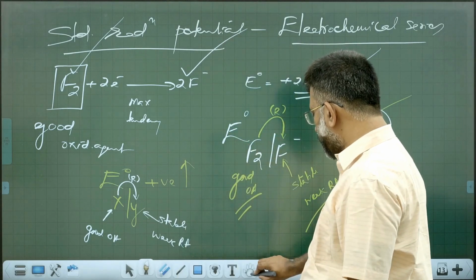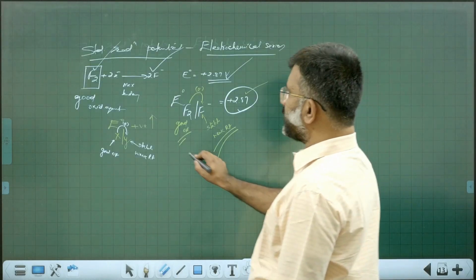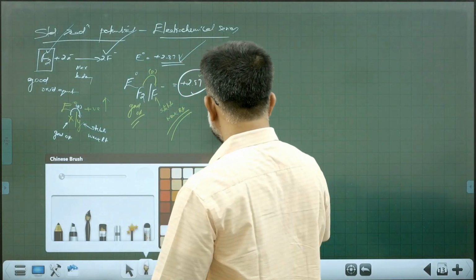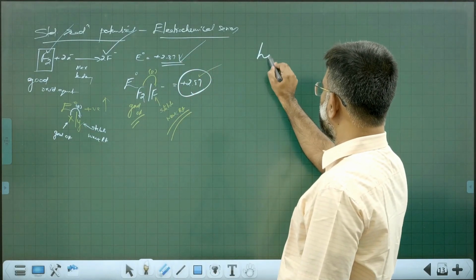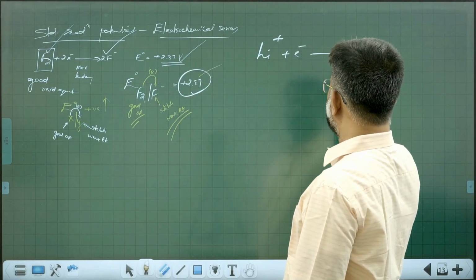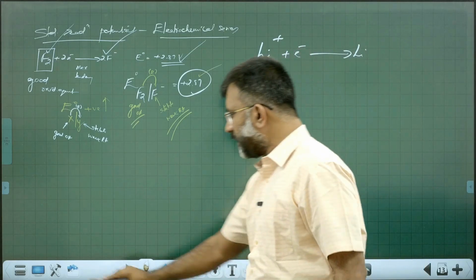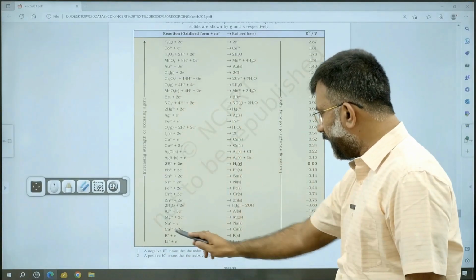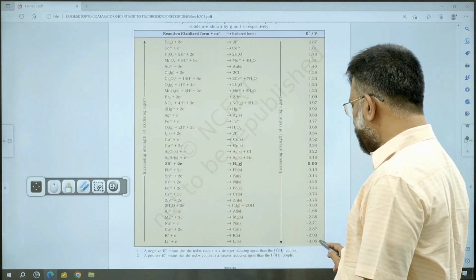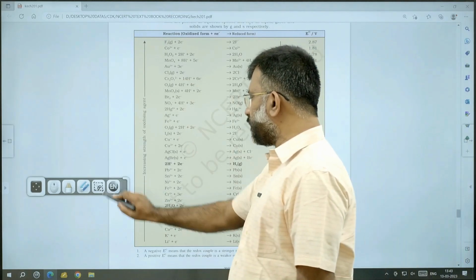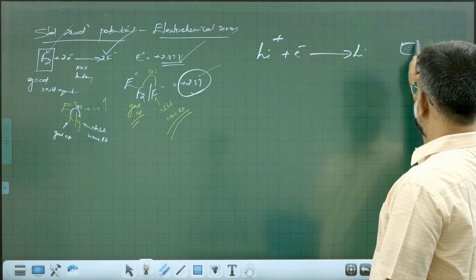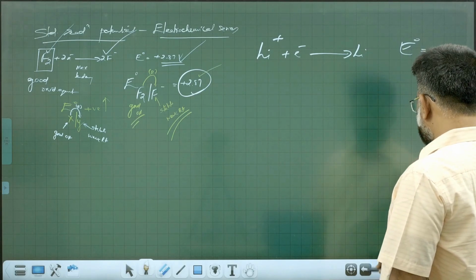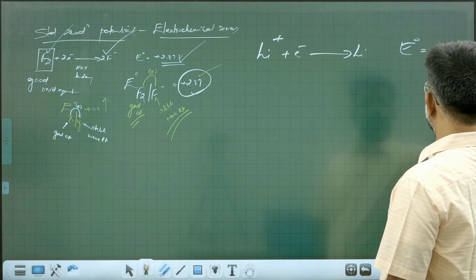Then what about the opposite scenario? Suppose we take the reaction Li plus plus electron giving Li, as you can find from the textbook. It is minus 3.05. What does that mean? The E0 potential is minus 3.05 volt.